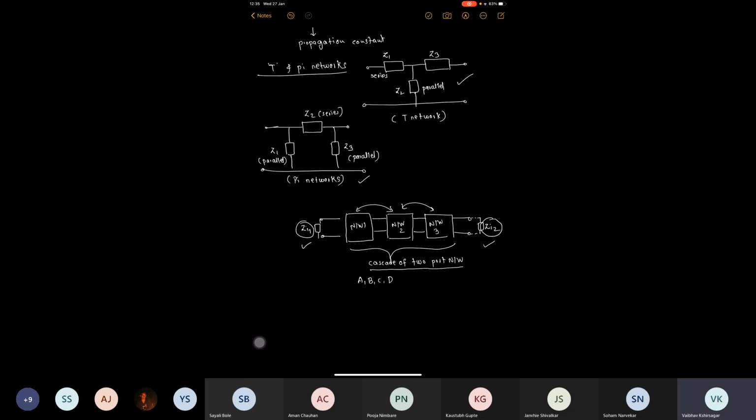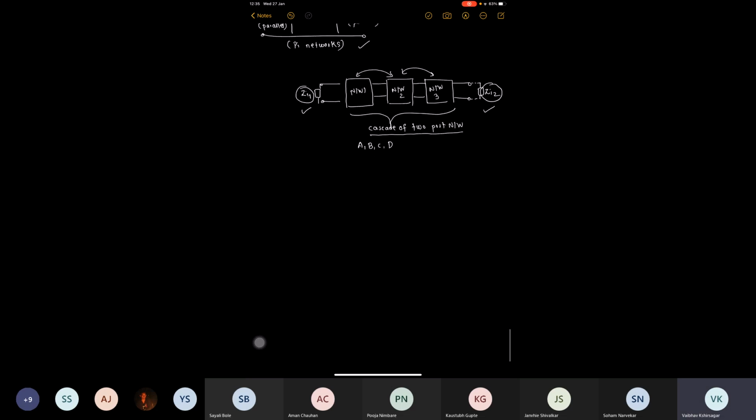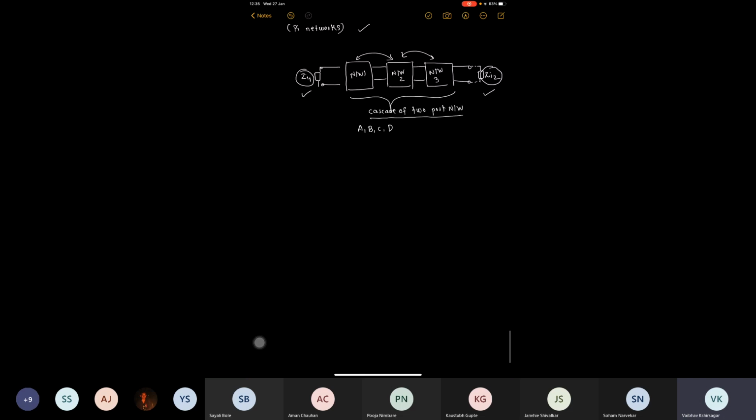Network representation with ABCD parameters. Let us revise this. As I already said, this is just a revision of ABCD parameters: how to represent a two-port network in terms of ABCD parameters. So that briefly we will discuss now.